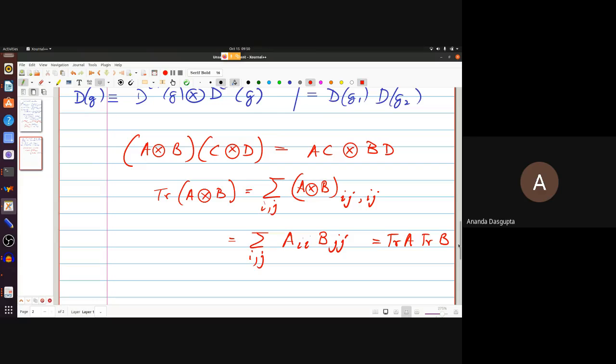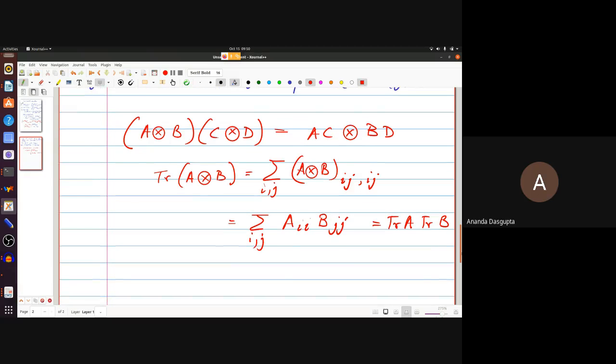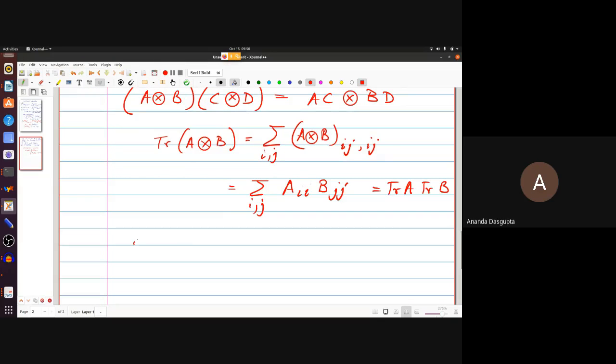Once again, nothing to do with representations or group theory. This is a standard result in matrices. The trace of the direct product matrix is the product of the trace of the individual matrices. And that immediately tells me that we have a very simple result for the direct product representation, which is chi(g), the trace of D(g), must be the product of the characters.